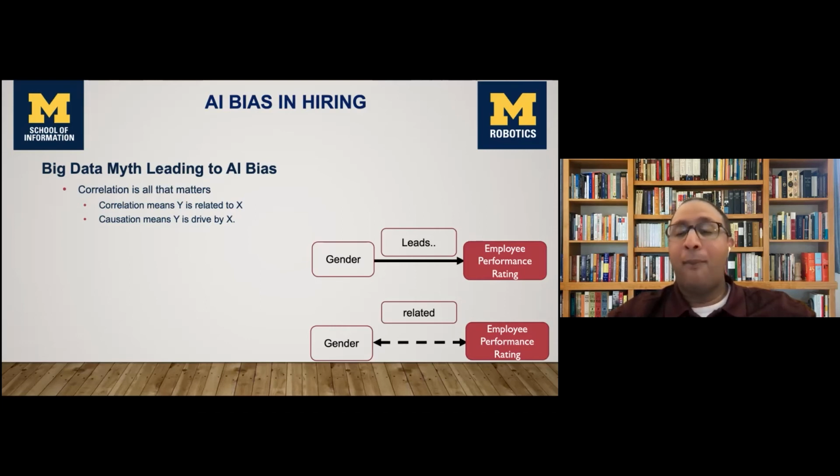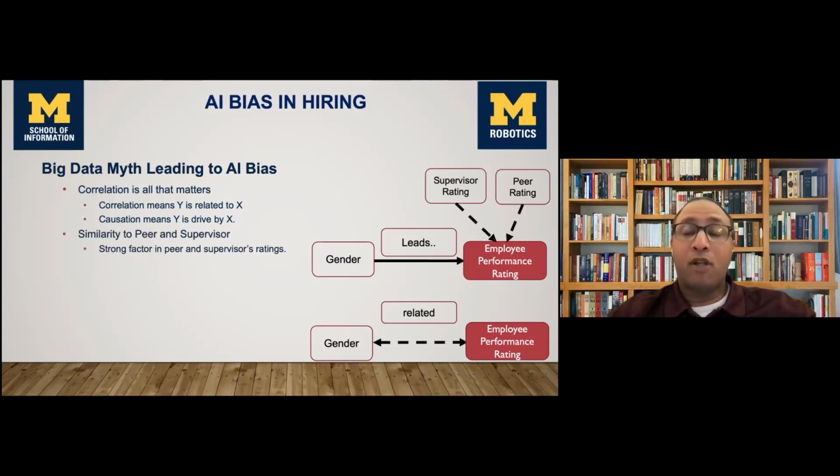In many organizations, your employee performance rating is based upon the rating by your supervisor and your peers. They give you some rating, a 360-degree rating, whatever they call it, and that's what determines it. According to all of the literature in the last 25 years, one of the strongest factors in determining your supervisor and peer rating is how similar you are to your supervisor and your peers.